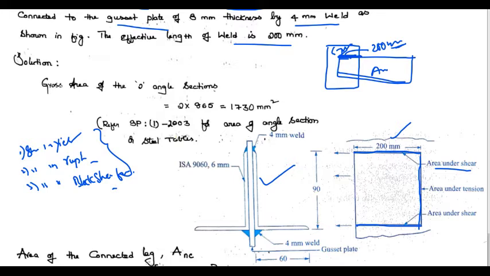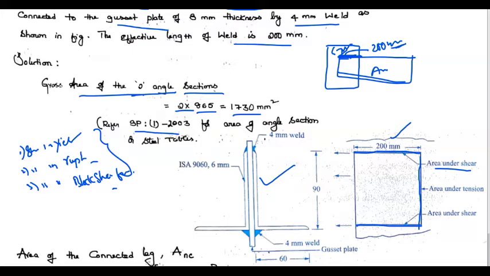By multiplying with 2, when you are putting that gross area of two sections, you are actually finding out the yield strength of this complete member of these two angle sections as a single member. Okay, see here, gross area of the two angle sections will be 2 times each angle section area, which is equal to 1730.